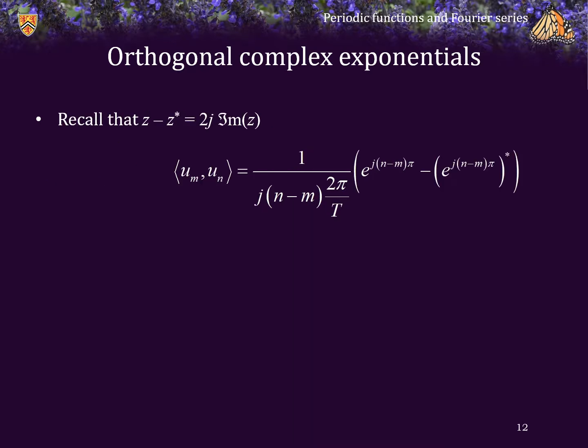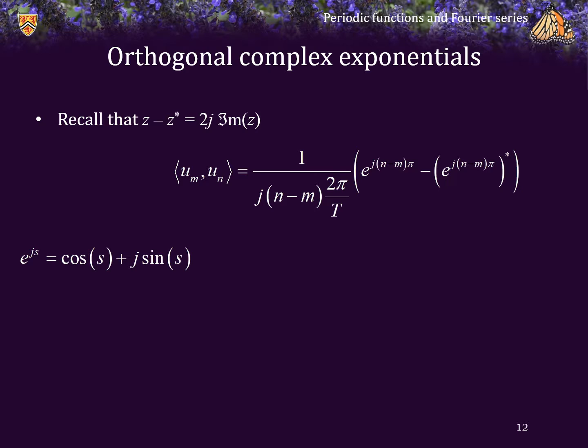Now, you may recall that for a complex number z, z minus its conjugate is just twice j times the imaginary component of z. All right, so now we have e to the j times something. Well, you may recall that e to the js is just cosine of s plus j times sine of s, where s is real. So therefore, the imaginary component of e to the js is just sine of s.